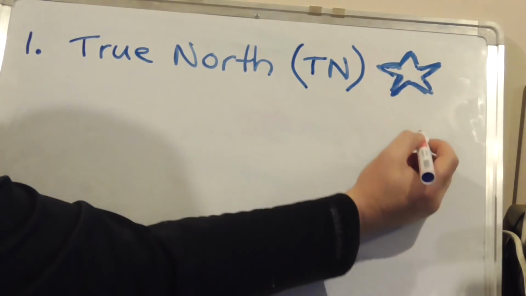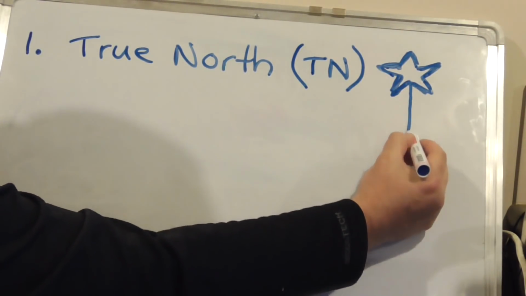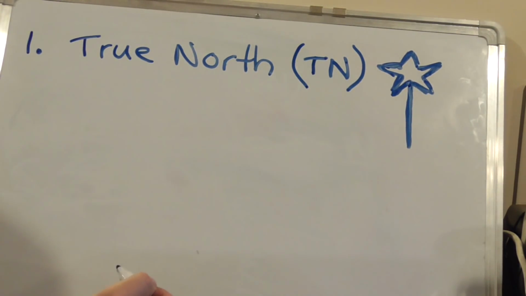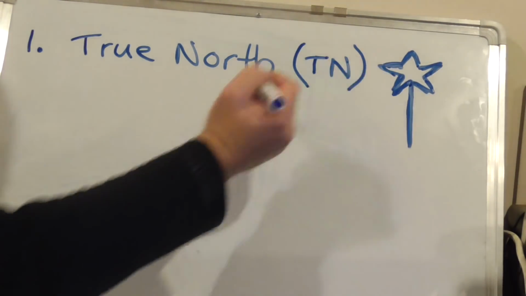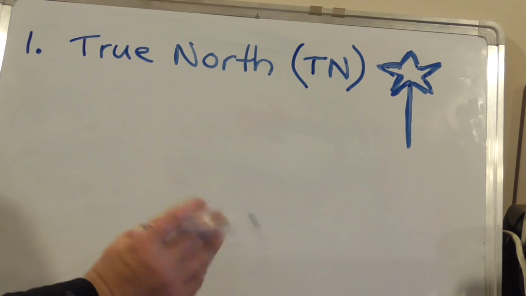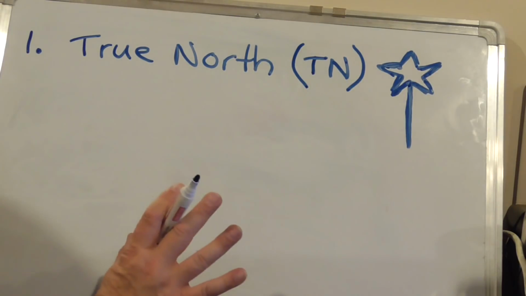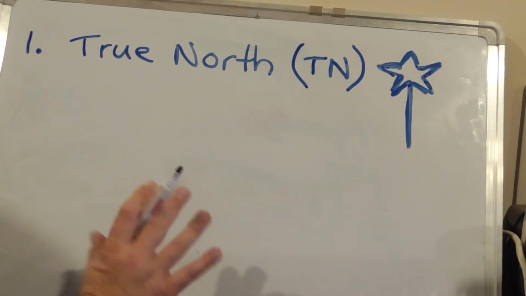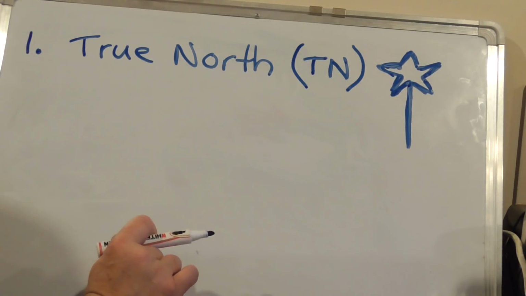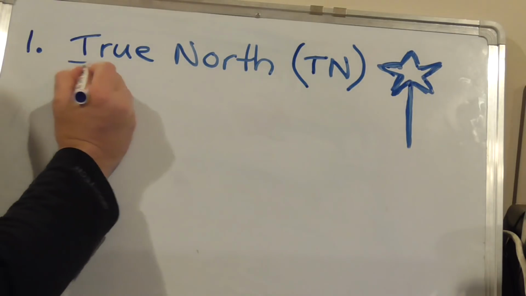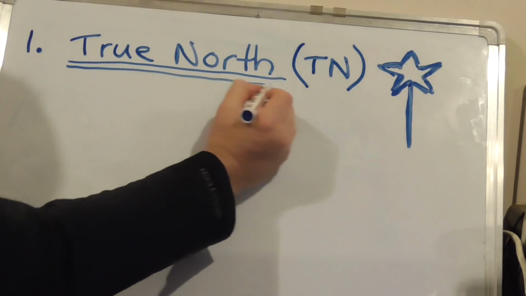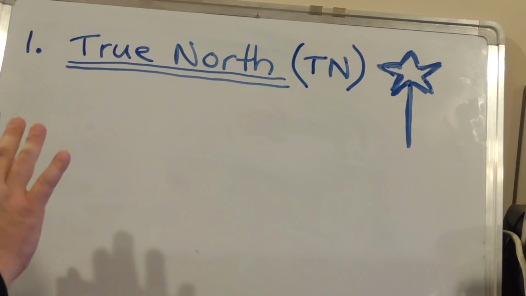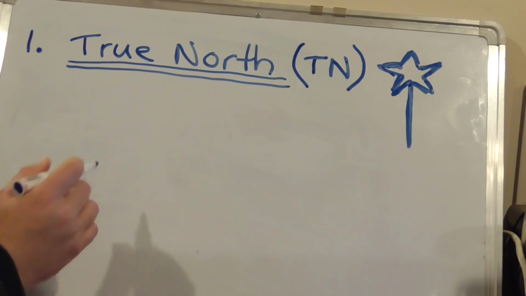Normally that star will have a line like that on it, and that would be saying that star, that point there, is true north. Don't get too flustered about that just yet, because it'll all make sense as we get into it. So that's the first north point, and that's the first one we're going to be talking about. But before we start talking about that, I want to talk about the other north points.